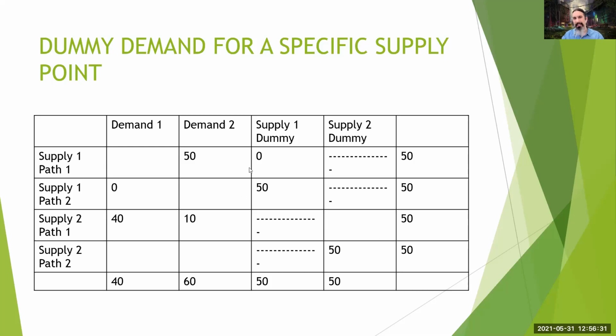So you can assign dummy demands or even dummy supplies to specific supplies or demands. This dummy demand is set for the first supply, and this dummy demand is set for the second supply. You cannot have any other values for that dummy, only for supply 2 and only for supply 1 in this column.